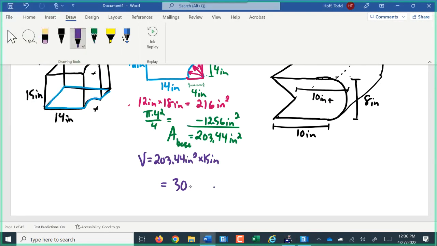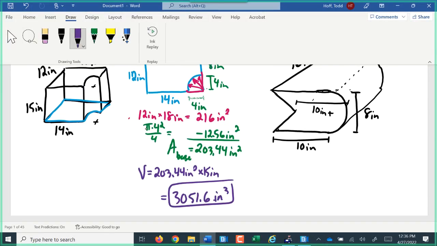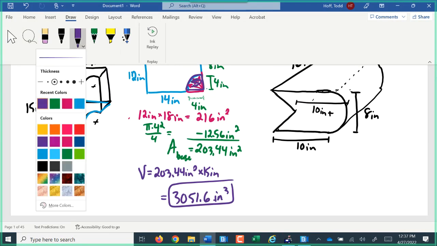Inches cubed. There's our volume. 12.56 inches. So that's pi times 4 squared divided by 4 because it's only a quarter circle. That's this little quarter circle of a corner missing. Now we know the area of the base. I'm going to make sure I circle that so I don't lose it.